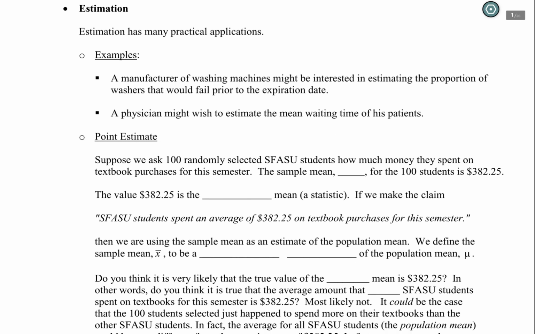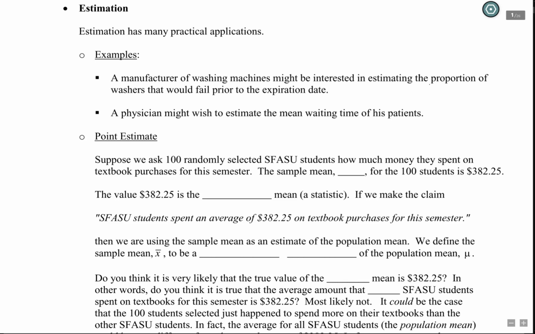Estimation has many practical applications. Here's some examples. A manufacturer of a washing machine might be interested in estimating the proportion of washers that would fail prior to the expiration date. When you look at this statement, you can identify what the parameter of interest is.